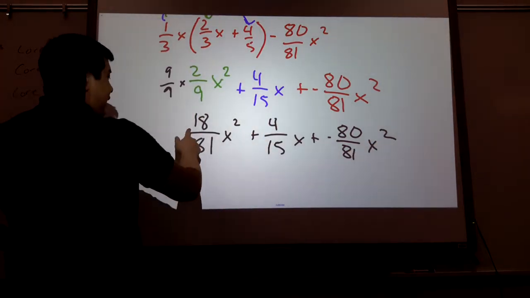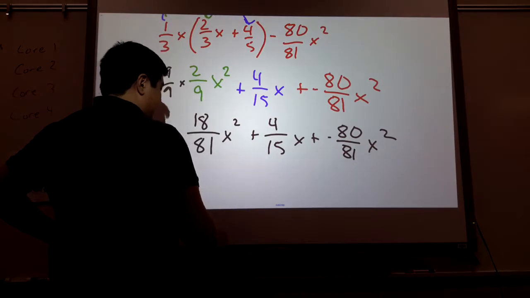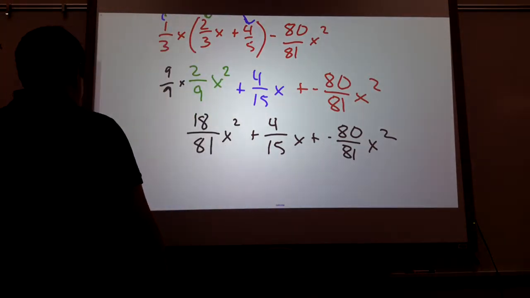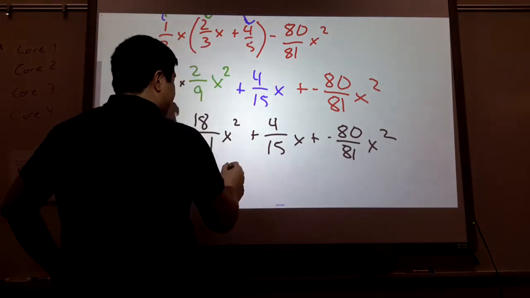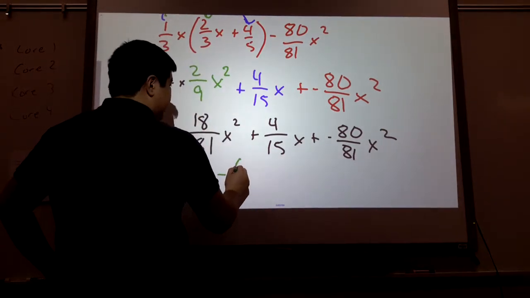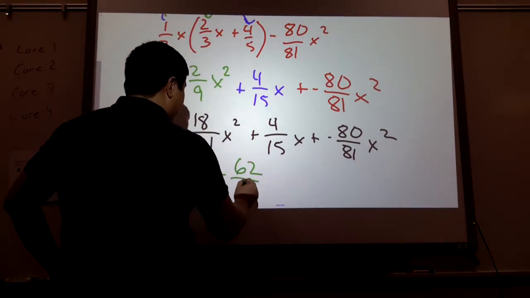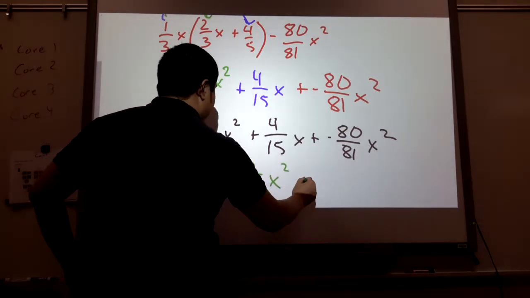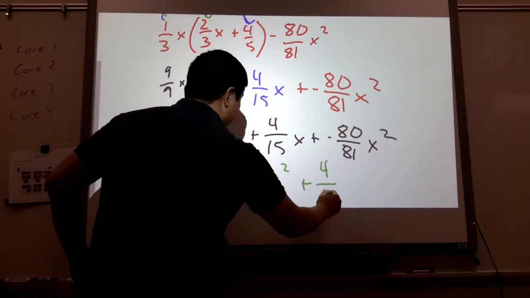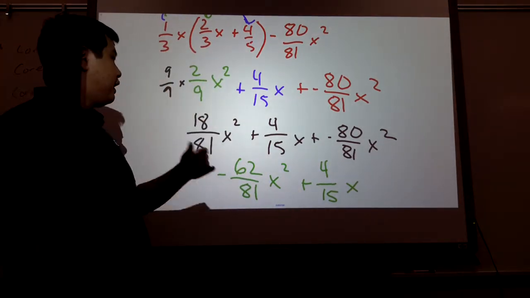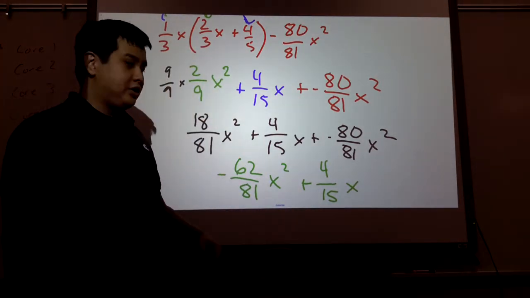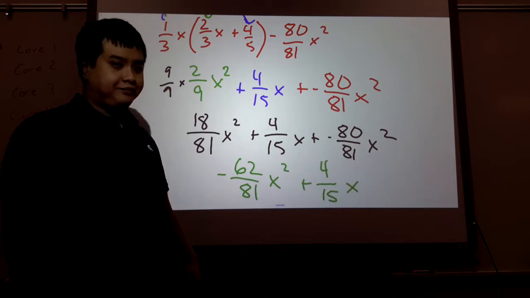Our next step is to add these two together, which gets us 18 plus negative 80 is negative 62 over 81 x squared plus 4/15 x. And that is our final answer. Because nothing can go into 62 and 81.